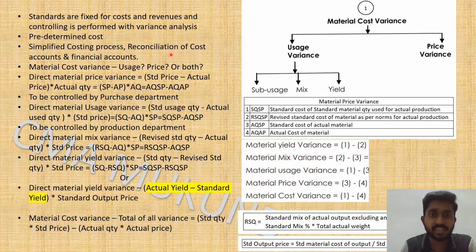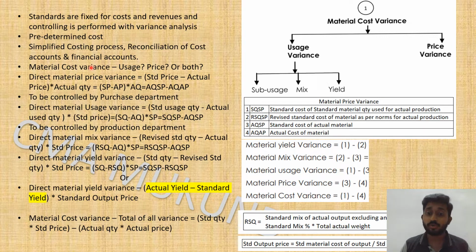Yes, we discussed that reconciliation of cost and financial accounts is much better. So how is the reconciliation better? Maybe your P&L, your financial accounts, may say the total expenses for the month is 1,000 rupees, but the cost accounts, as per standard, the quantity of material taken for production multiplied by the standard cost, comes to 900 rupees.